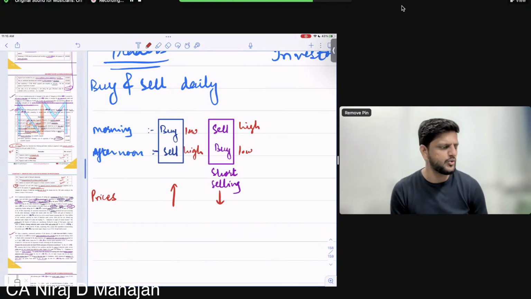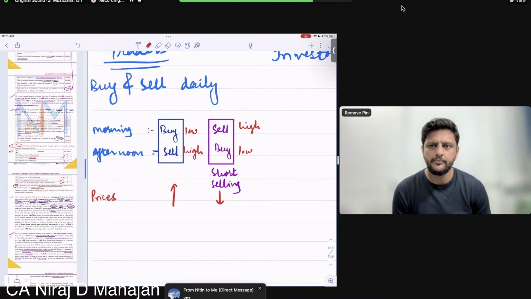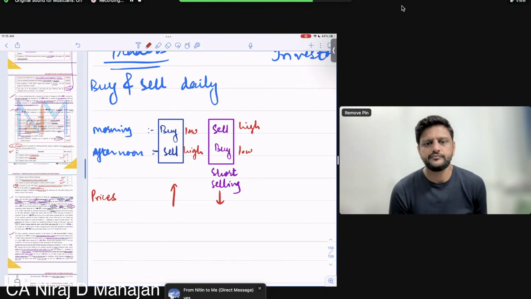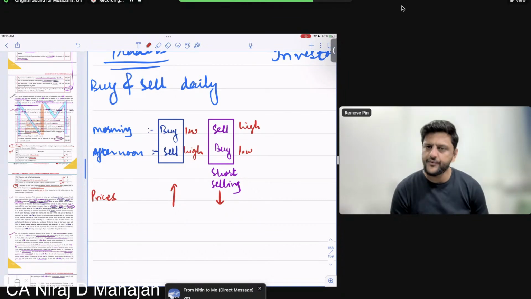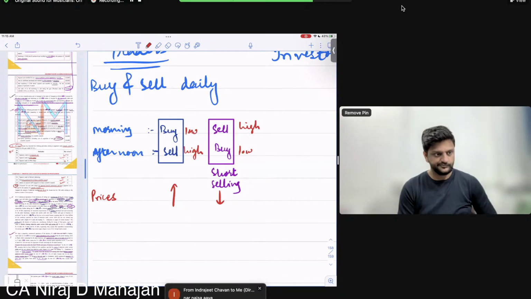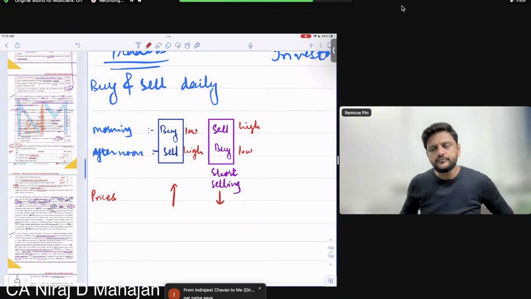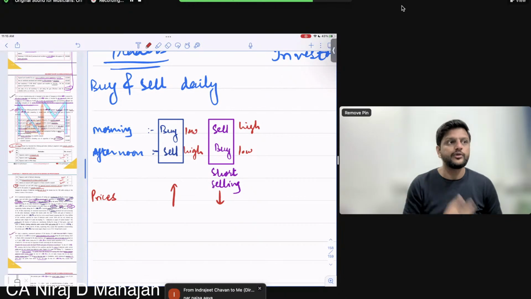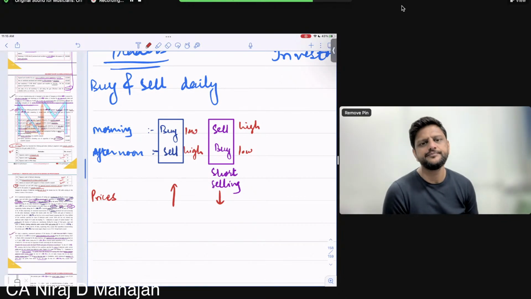But in both these cases, what is common? There is no delivery in your demat account. Understood, everybody? This is your pure trading income. This is your pure trading, and you earn profit, in fact without outflow of cash.